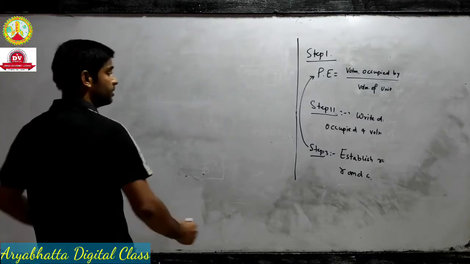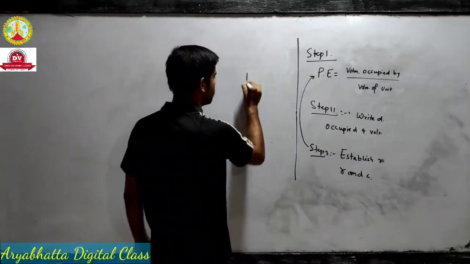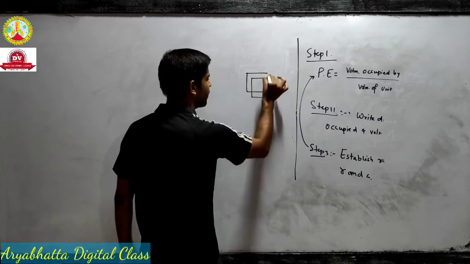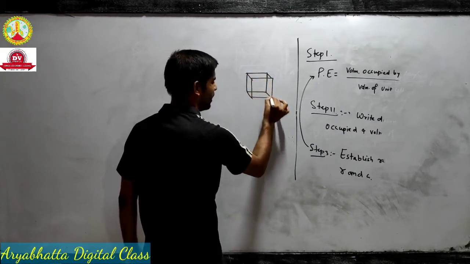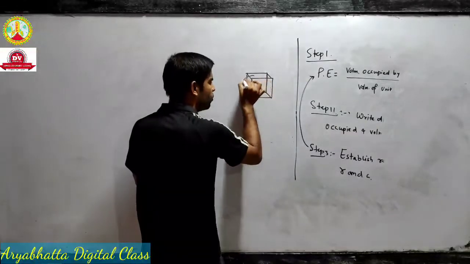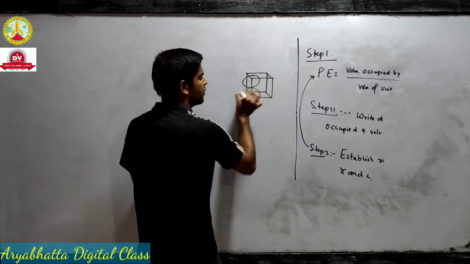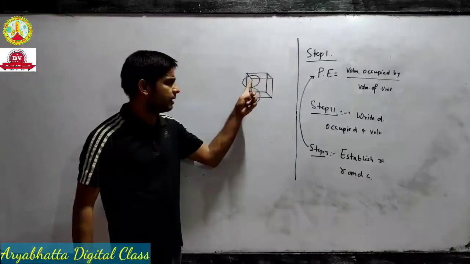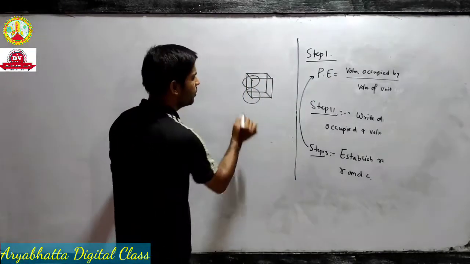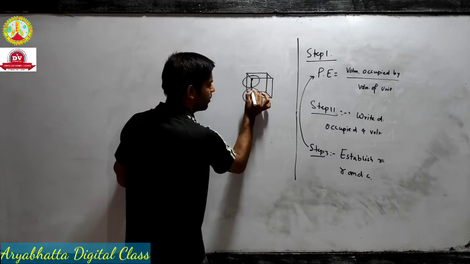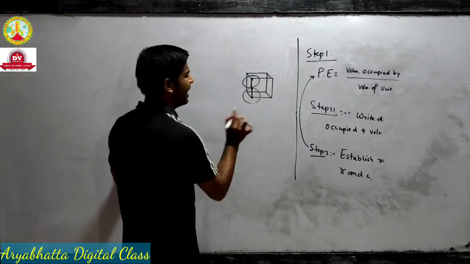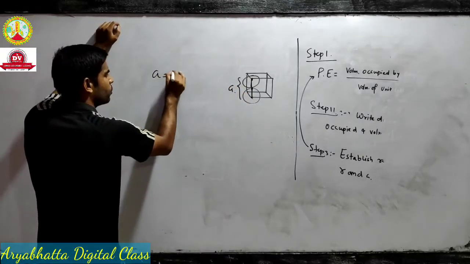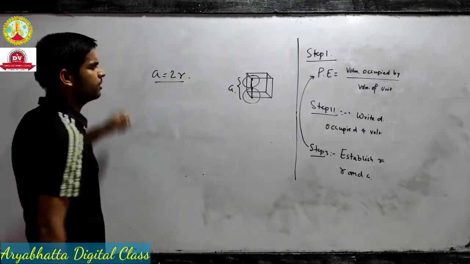So the next thing we will need is a relation between edge length A and R, and I told you that we place atoms in such a way that they are touching each other. So you will see that this is R, this is R, that means the whole length is A, that means A is equal to 2R.